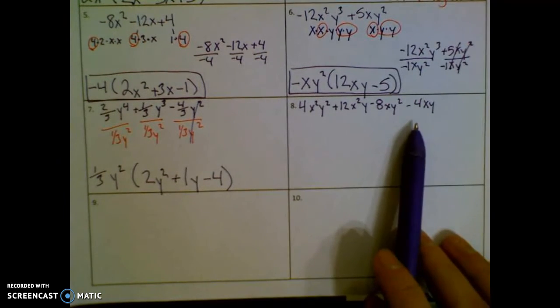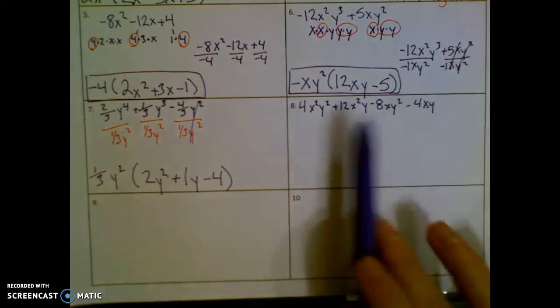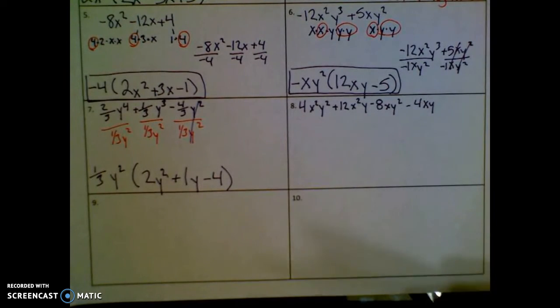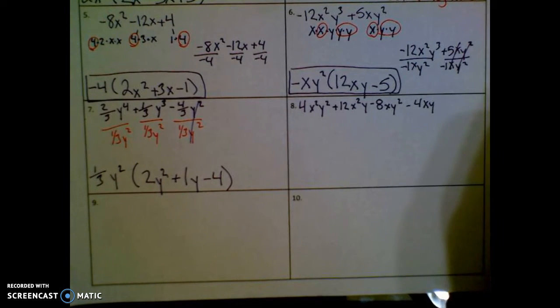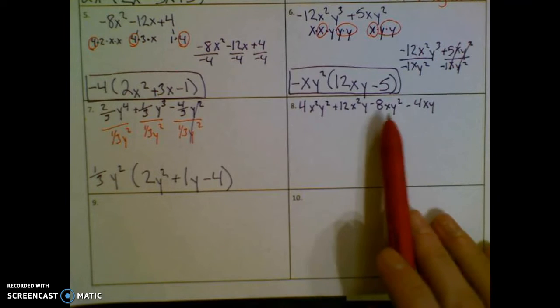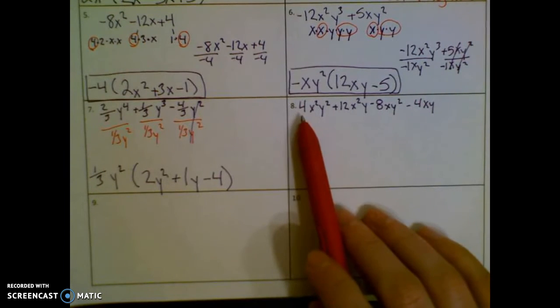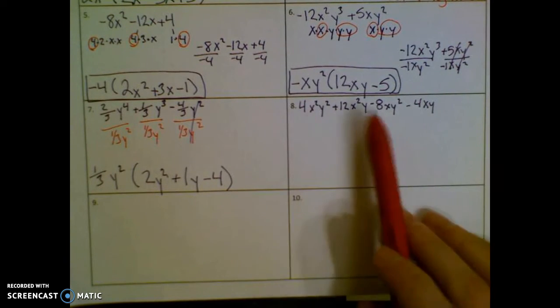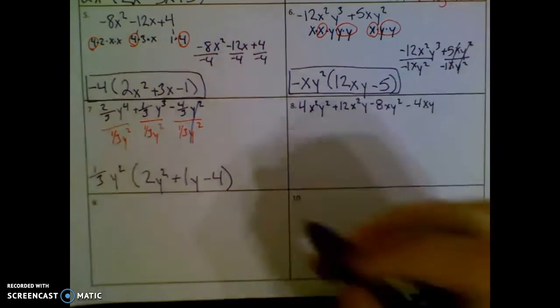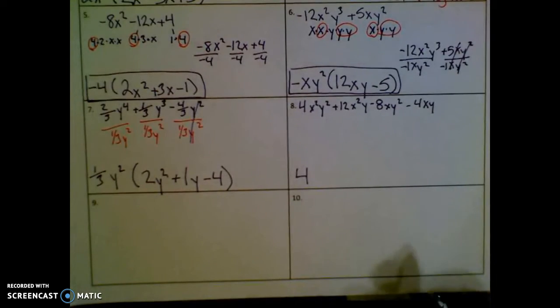Okay, this one over here is a polynomial. It has 4 terms, so I'm going to do 4 terms on the inside. But let's look at our GCF. Looking at our numbers, we have 4, 12, 8, and 4. Well, 4 goes into 12, and 4 goes into 8, and 4 goes into 4, so I can use 4. Look at the x's.